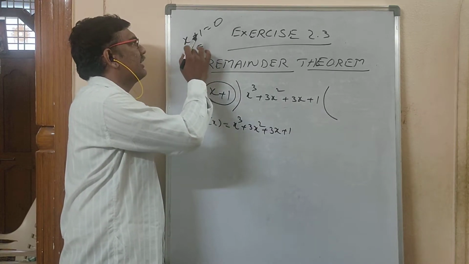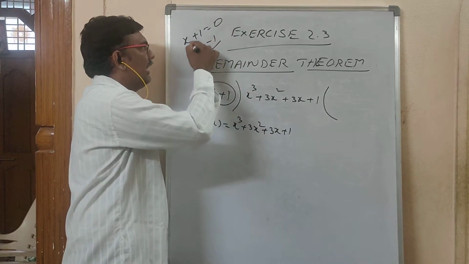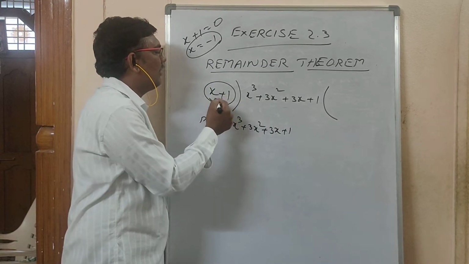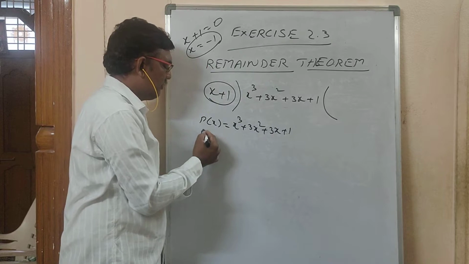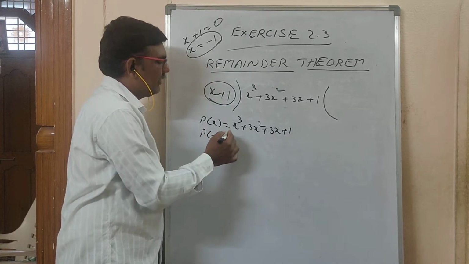Make x the subject. Plus 1 is transposing and it becomes minus 1. So the zero of this polynomial is minus 1. So P of minus 1, find its value.